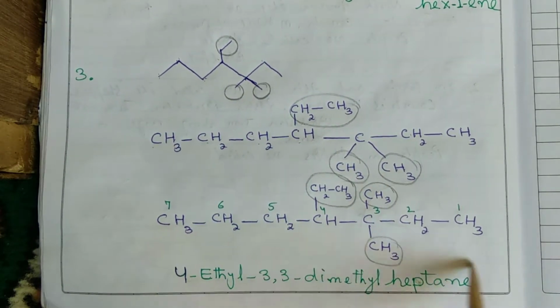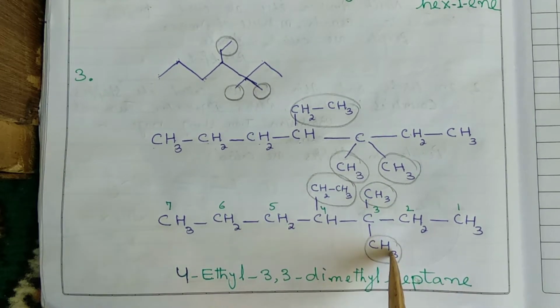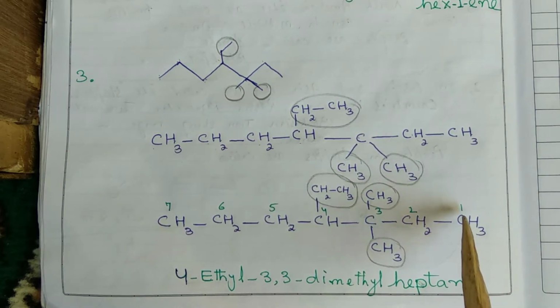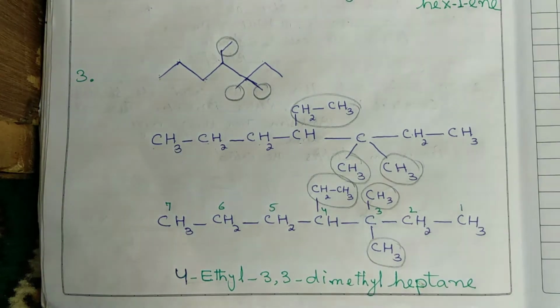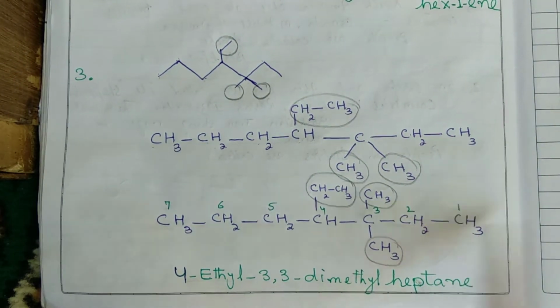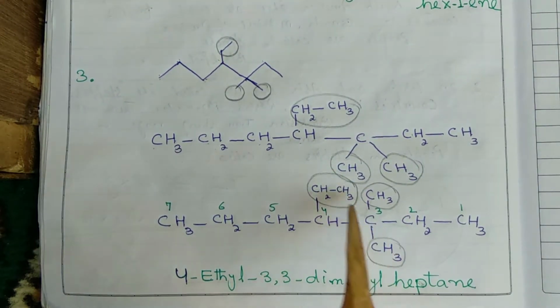So it looks easy now to name this compound. This is a substituent, 2 methyl groups as substituents. Here you can see 1 methyl group as a substituent. So we are supposed to number this. Dear students, according to the IUPAC rule, we have to start numbering from this side so that the substituents get minimum numbering.